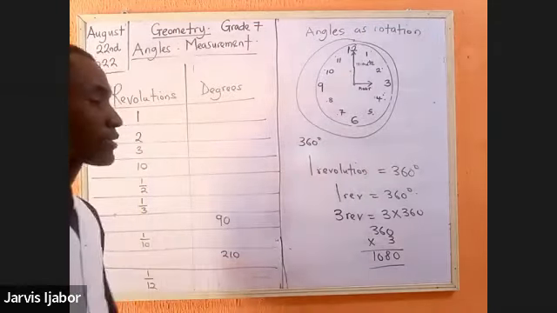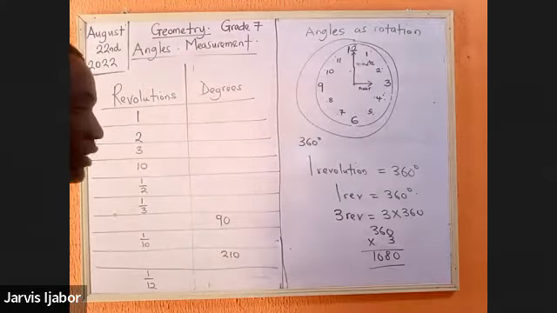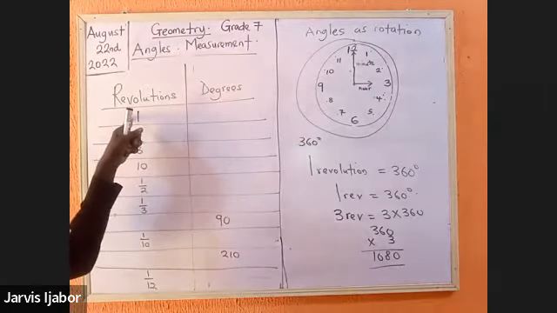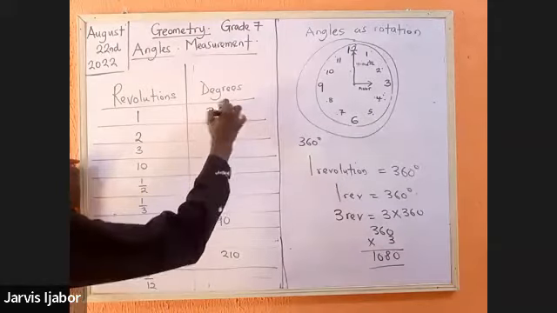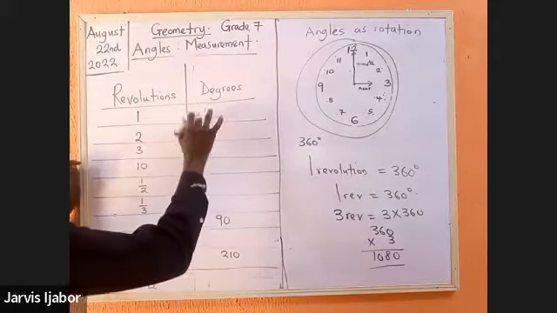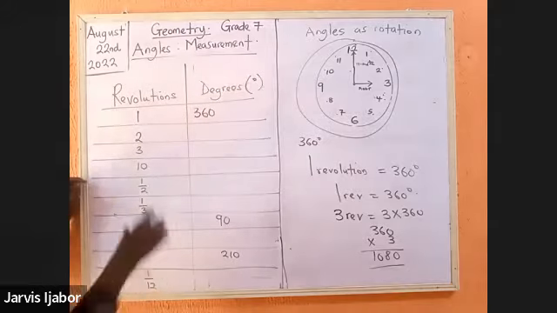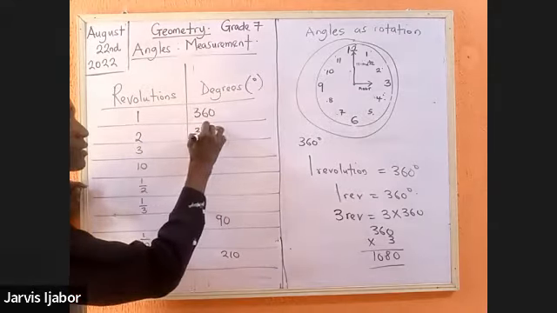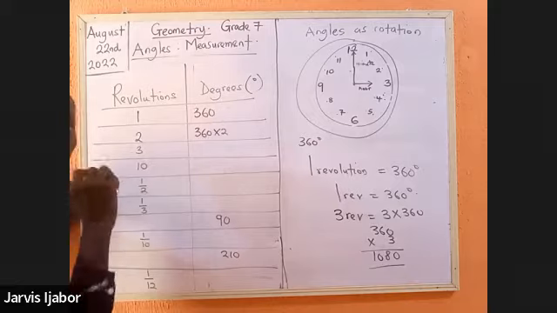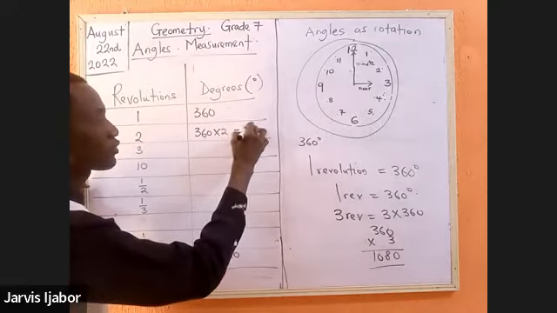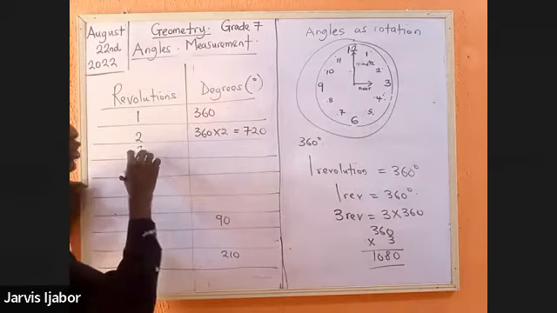All right. So that settles that. So one revolution is 360 in degrees. 2 revolutions will simply be times 2. And that will give you 720. 3 revolutions will simply be what?